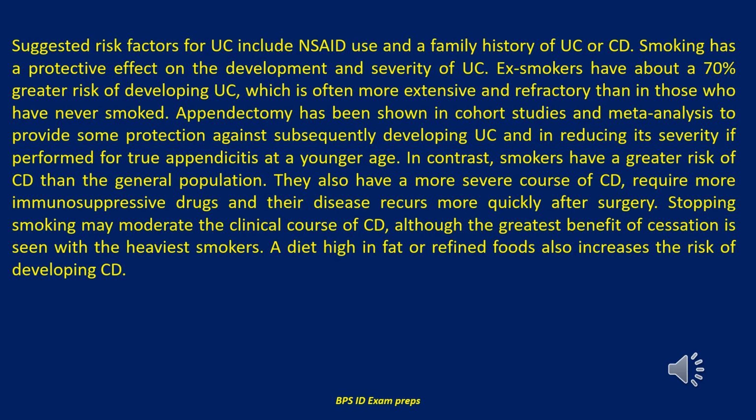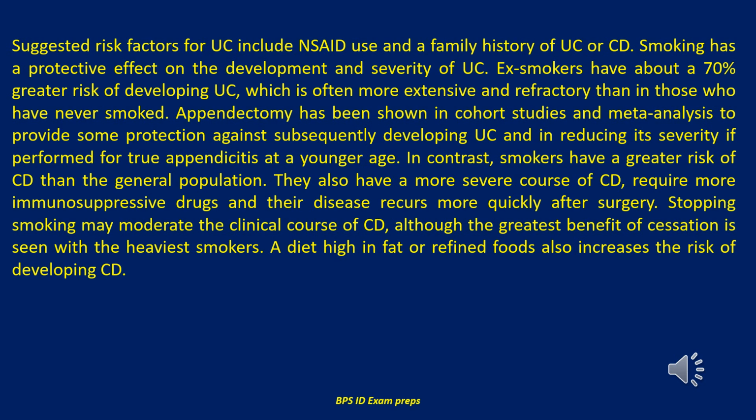Ex-smokers have about a 70% greater risk of developing ulcerative colitis, which is often more extensive and refractory than in those who have never smoked. Appendectomy has been shown in cohort studies and meta-analysis to provide some protection against subsequently developing ulcerative colitis and in reducing its severity if performed for true appendicitis at a younger age.